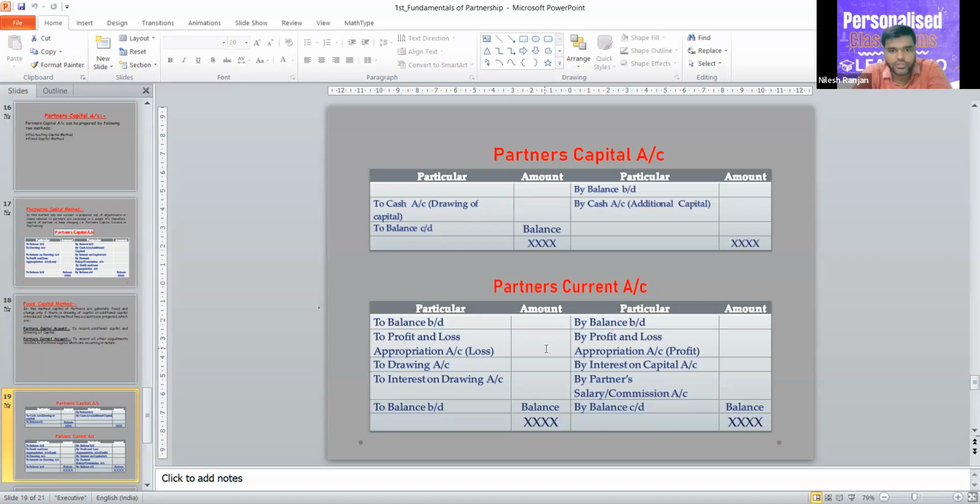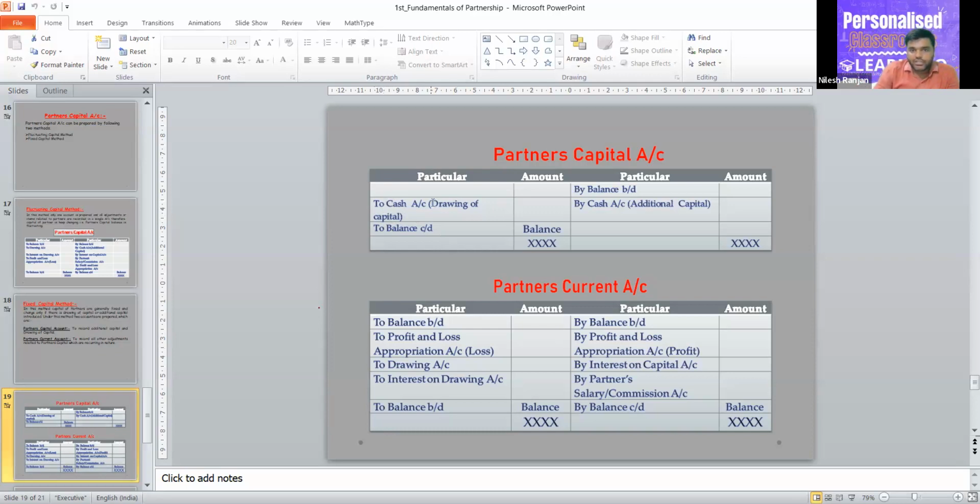You can see in the partners' capital account, on the debit side, I have written drawing of capital. But in the partners' current account, I have not written drawing of profit. It is a simple drawing account. This is the reason why I have written like this.